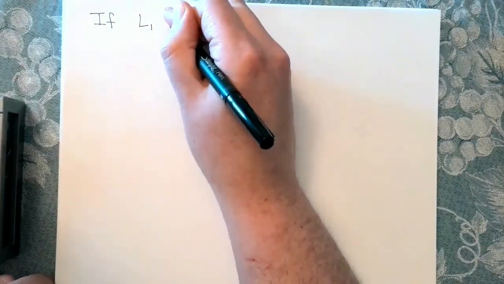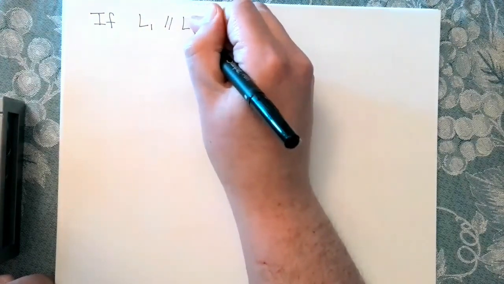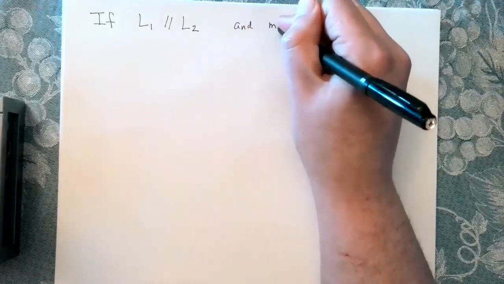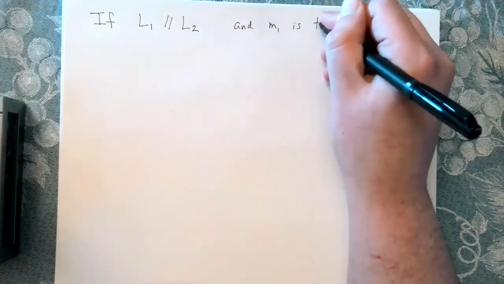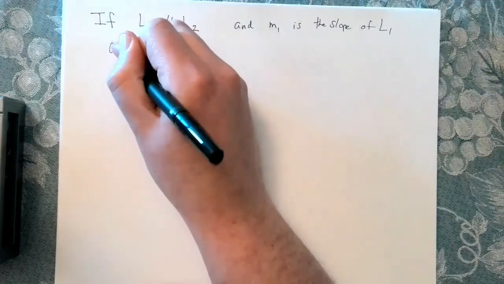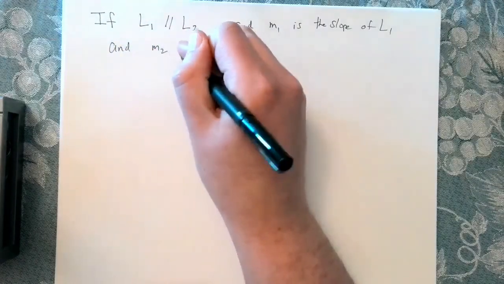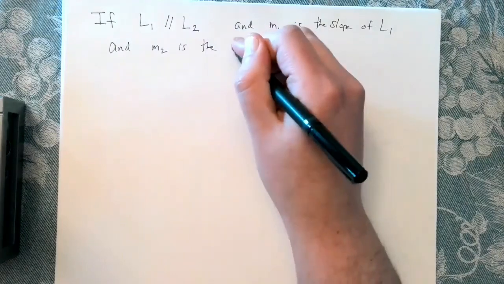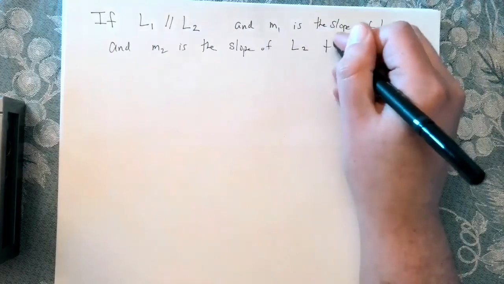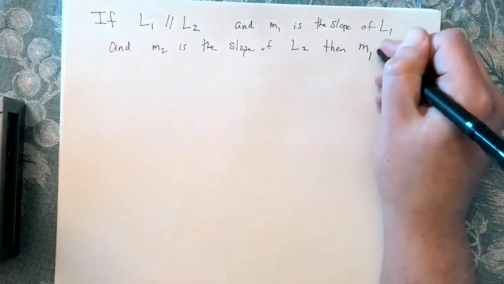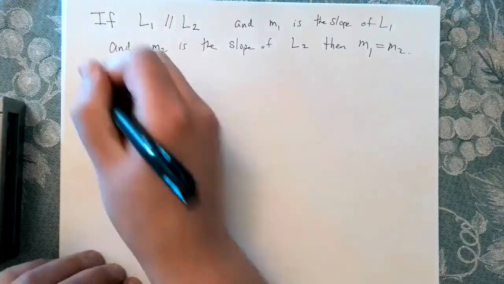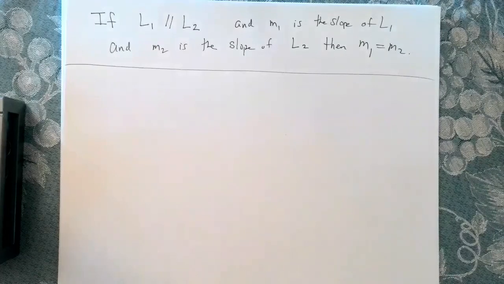So if L1 is parallel to L2, and m1 is the slope of L1, and m2 is the slope of L2, then m1 equals m2. Okay, so we're going to prove this: parallel lines have equal slope.